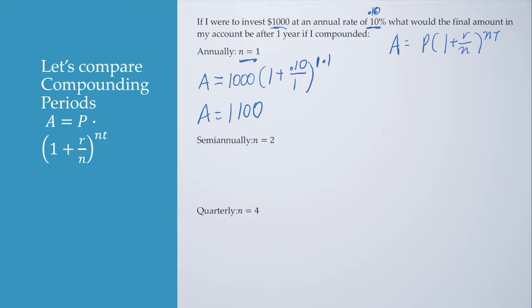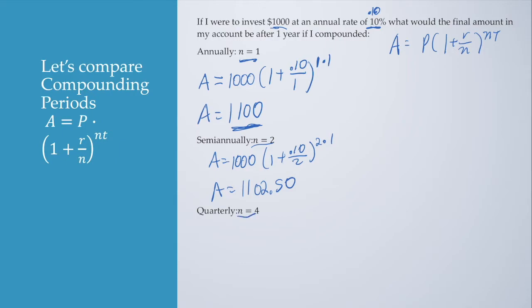Now, what if I compounded my amount in my account semi-annually? So N is 2. I'd have A equals 1,000 times 1 plus 0.10 divided by 2 to the 2 times 1. This would give me an amount of $1,102.50. Already $2.50 more than if we just compounded annually. What if I did this quarterly?